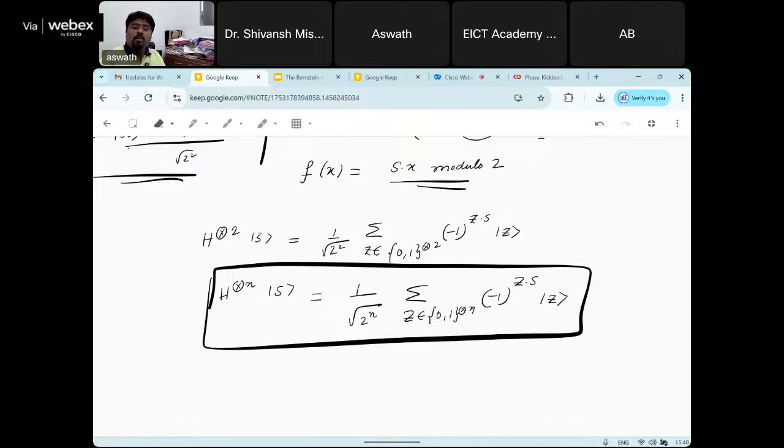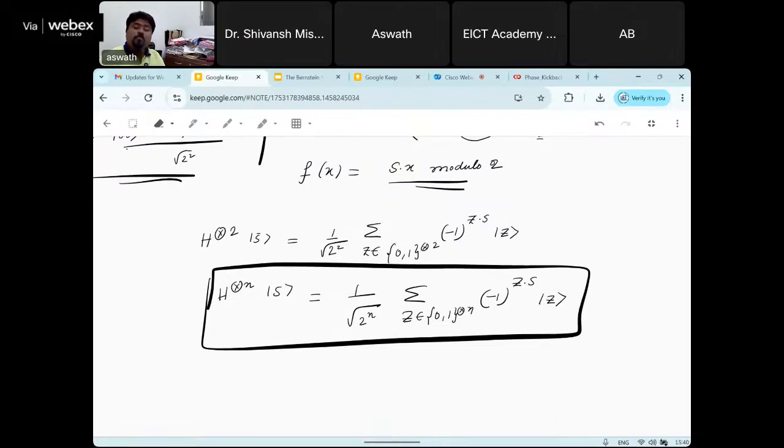Now I have to run a query. The query is whether the output is 0 or 1, because I'm doing a modulo.